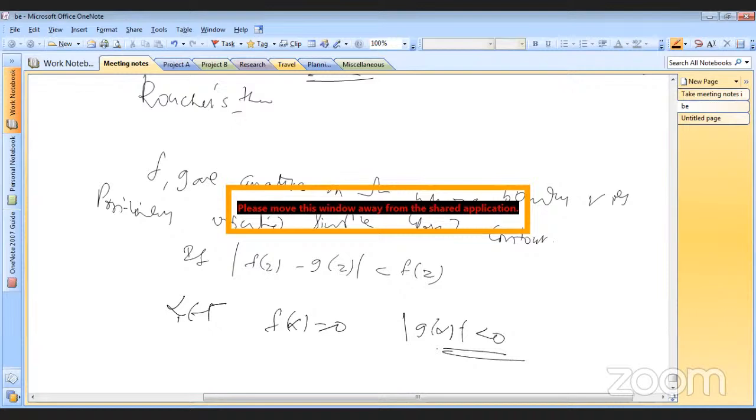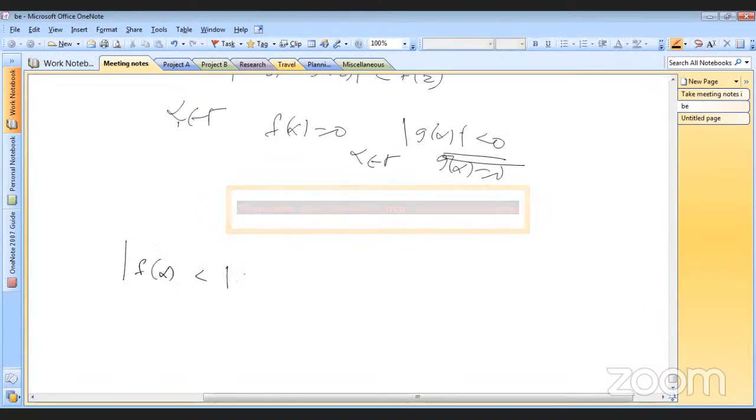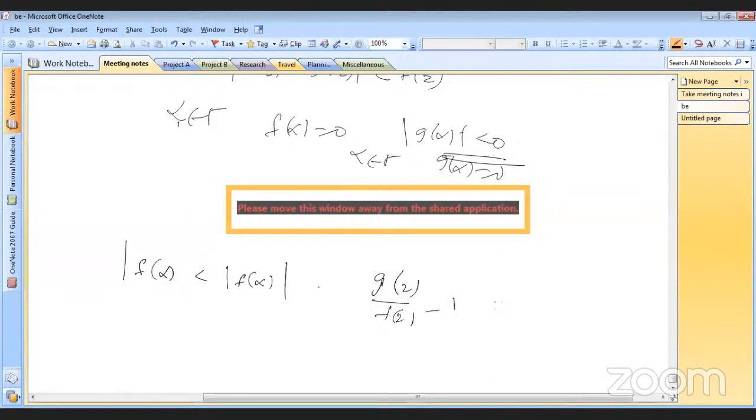Similarly, if alpha belongs to gamma and g of alpha is equal to 0, then modulus of f of alpha is less than |f(alpha)|, which is absurd.